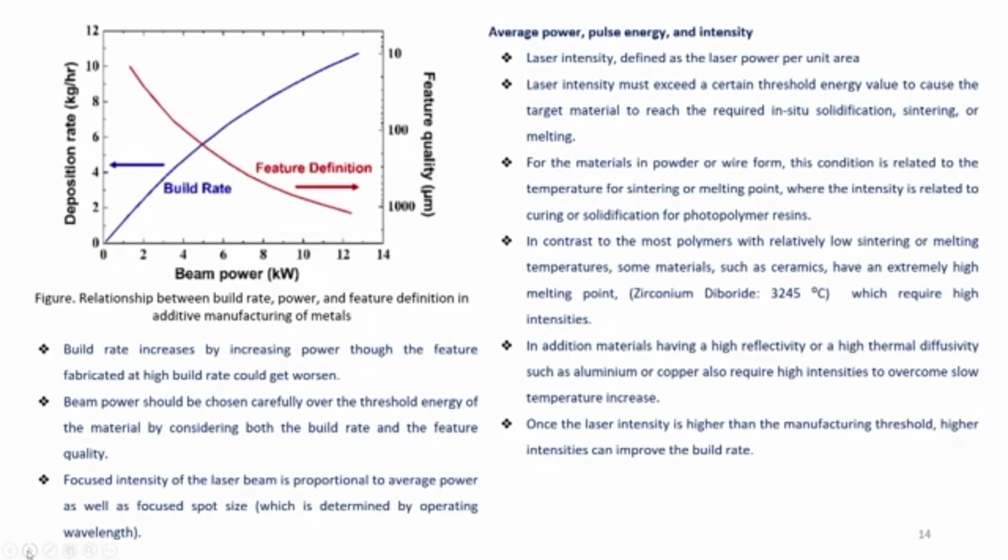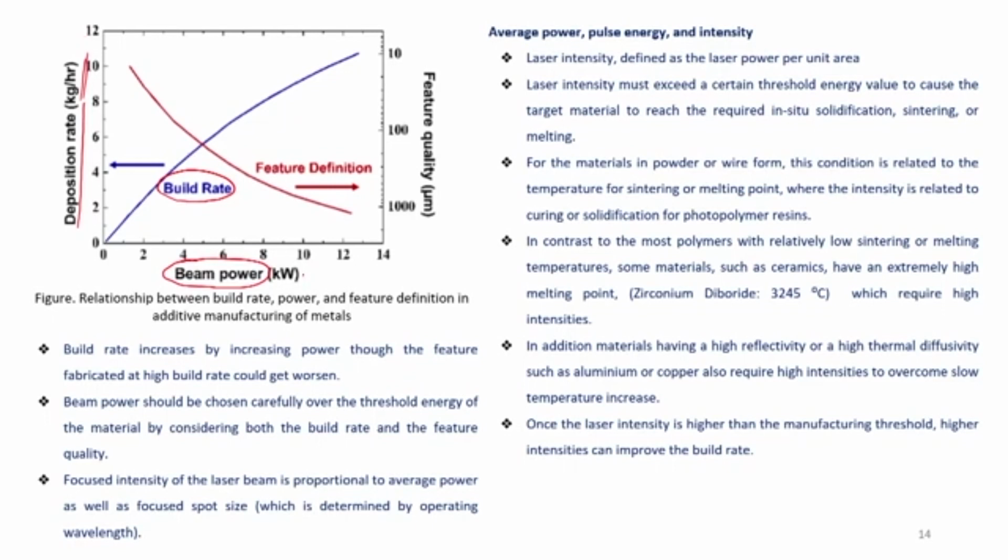Fine. So, the next parameter is beam power, and how the beam power plays a role in the laser based additive manufacturing techniques. There are two performance parameters we are studying here: the build rate, or deposition rate, in kilogram per hour.